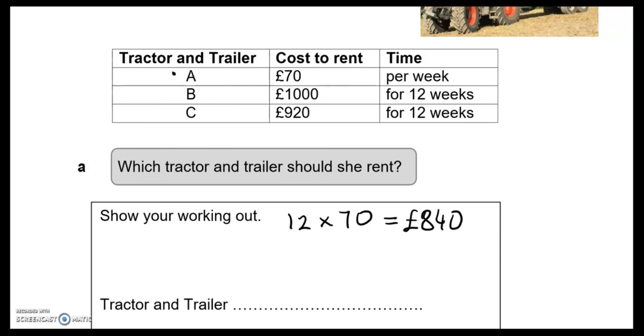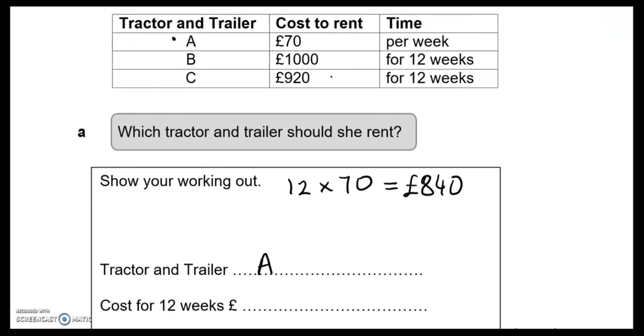So that's the cost for option A. Option B is £1,000 and option C 920. So the cheapest one is A, 840.